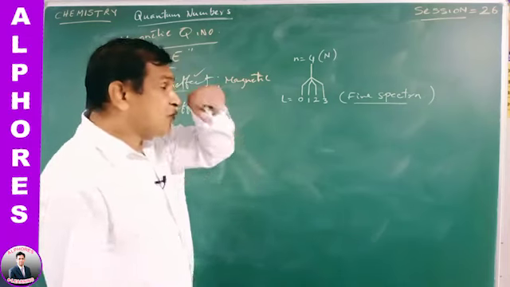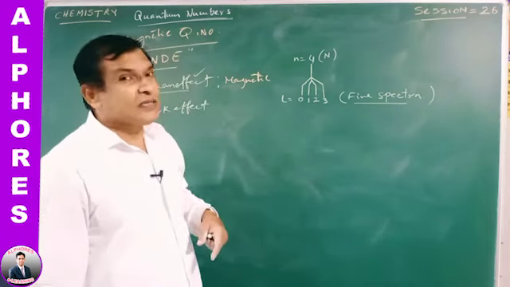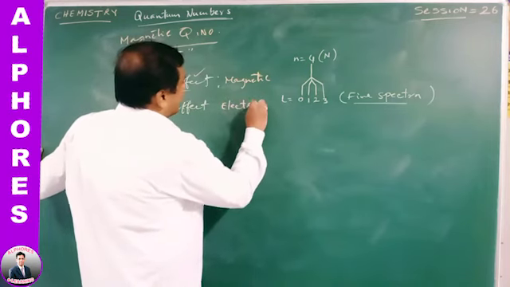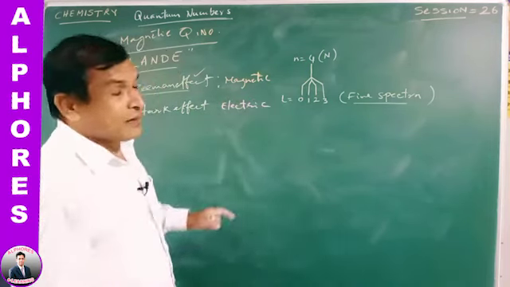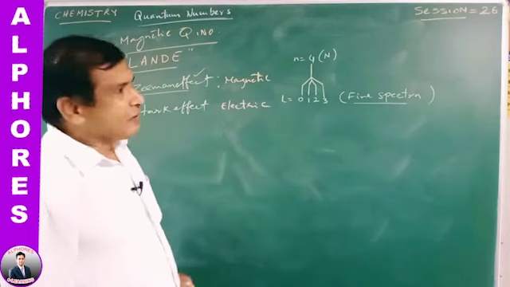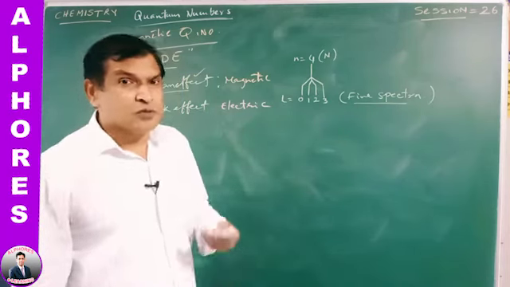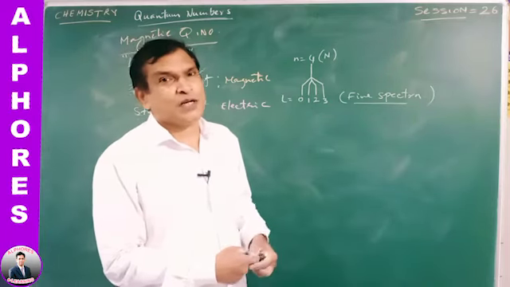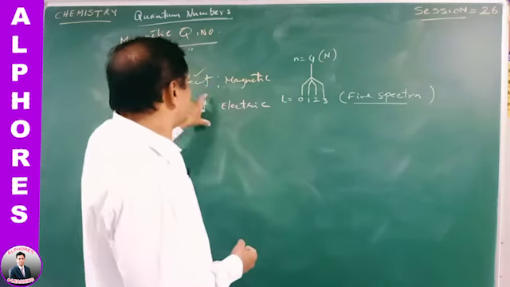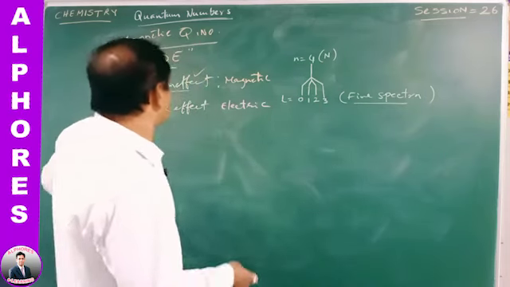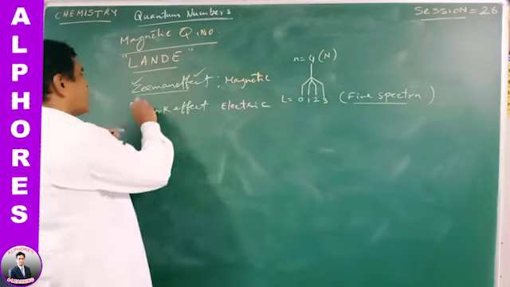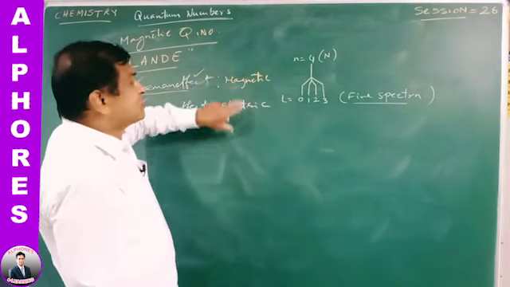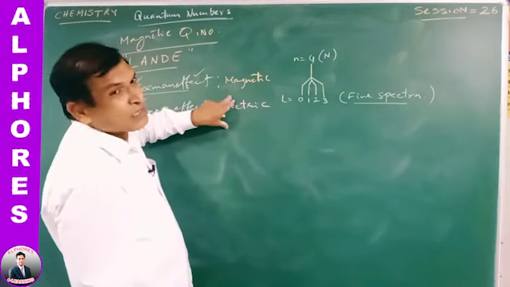The splitting of fine spectral lines under the influence of an electric field is called the Stark effect. The results are the same, only the field is different. One is a magnetic field, the other is an electric field. These studies were by the scientists Zeeman and Stark. They observed the splitting of spectral lines in different fields, magnetic and electric.